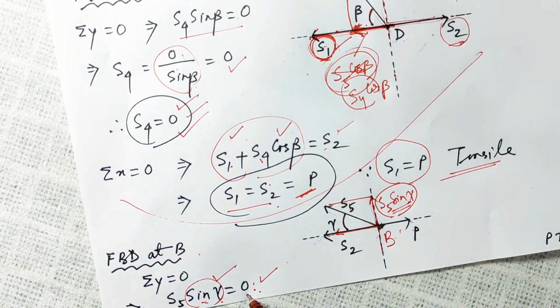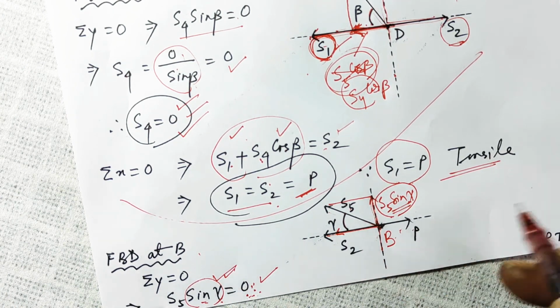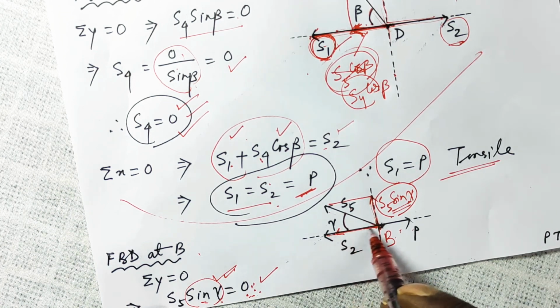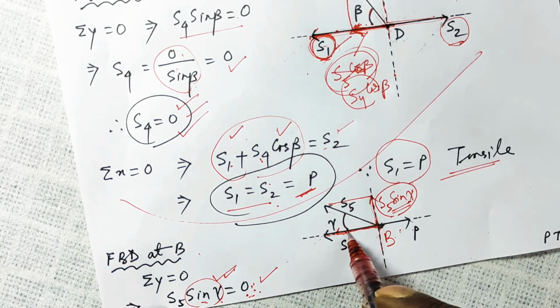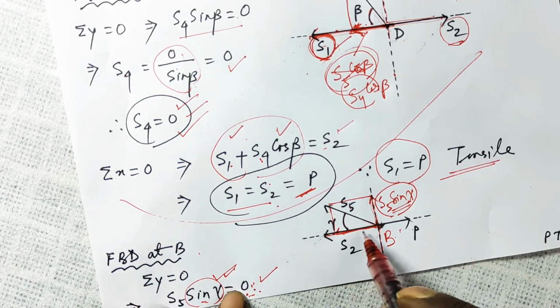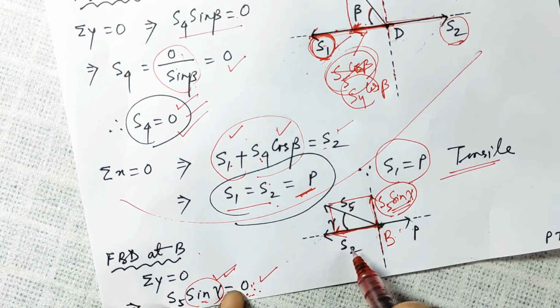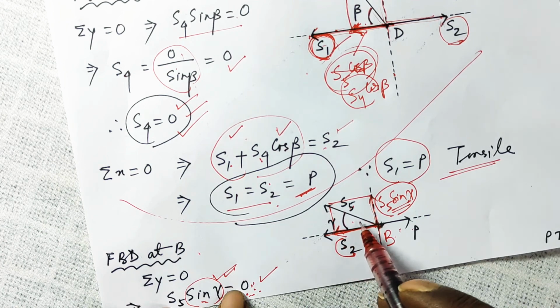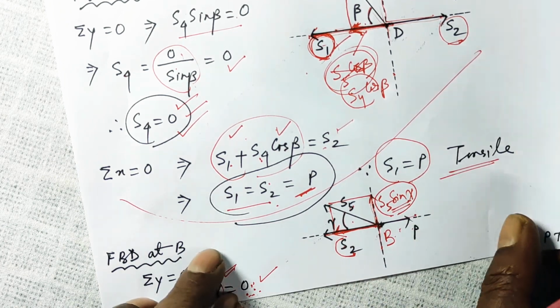Sine gamma goes to this side. So 0 over something is 0. So S5 is 0. There is no need to take your sigma x is equal to 0. But still, if you are interested, S2 plus from here to here S5 cos gamma will be equal to P.